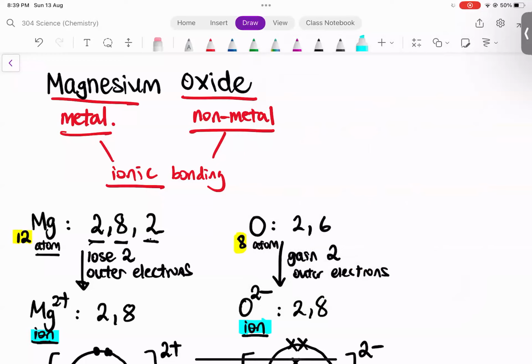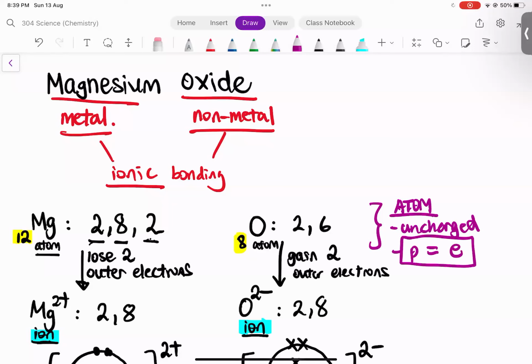So it's very important that at this stage, we know the difference between atoms and ions. Just to summarize once more, an atom is uncharged. There is no plus, no minus overall charge. In an atom, the proton number is equal to the electron number. So like magnesium, 12 electrons, 12 protons.